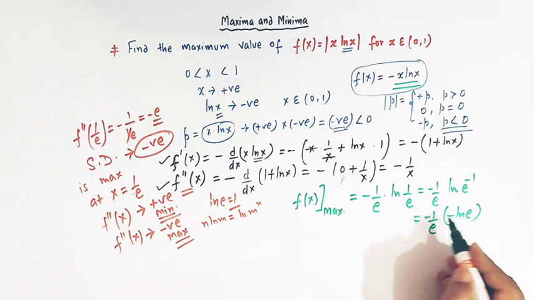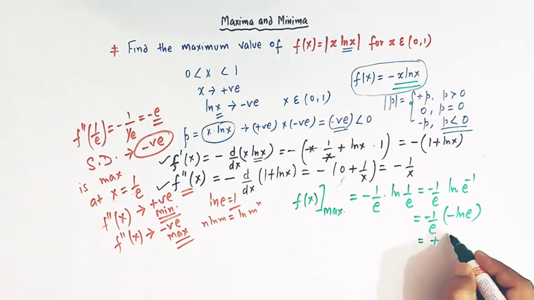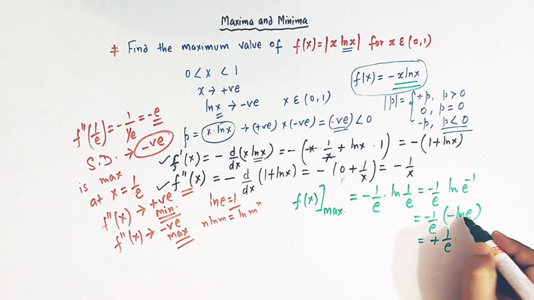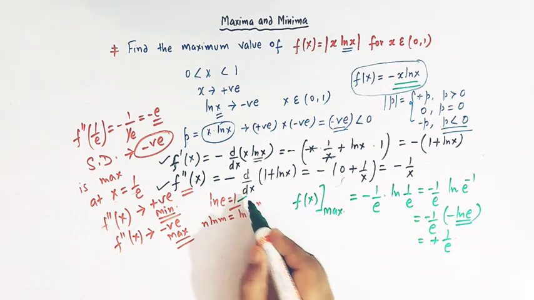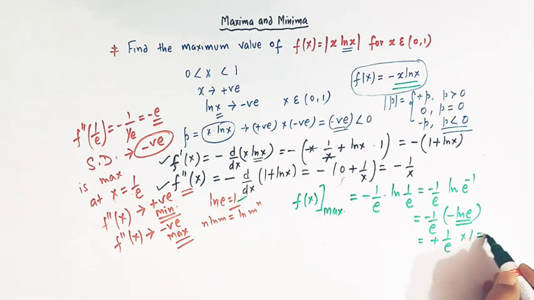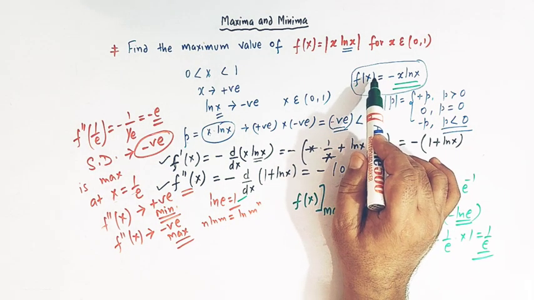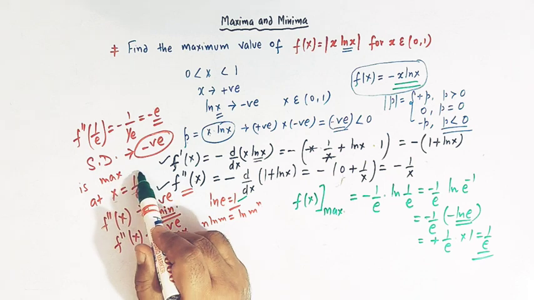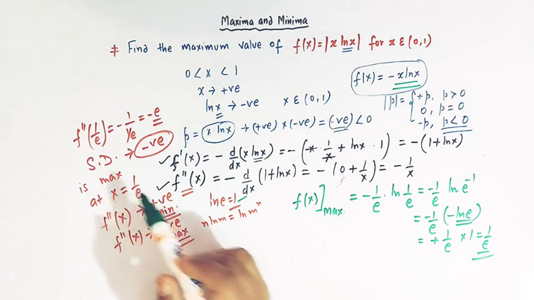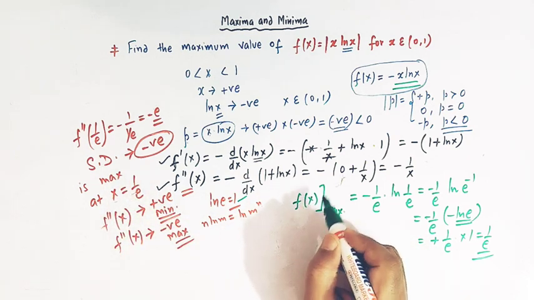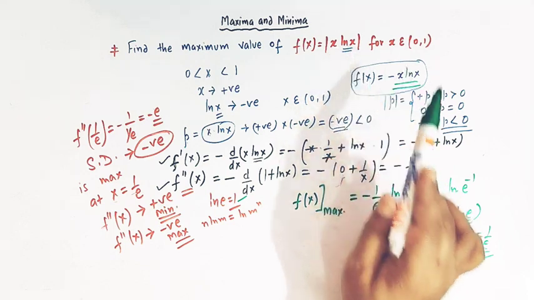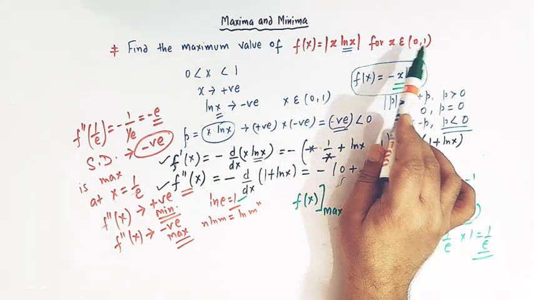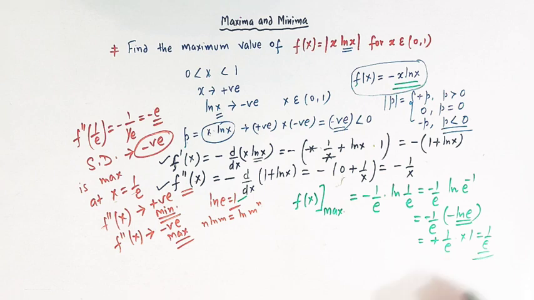Minus times minus is positive, so we have 1 over e, and log of e is 1. So we have 1 over e. So this function is maximum at x equal to 1 over e, and the maximum value of this function when x belongs to 0 comma 1 is 1 over e.